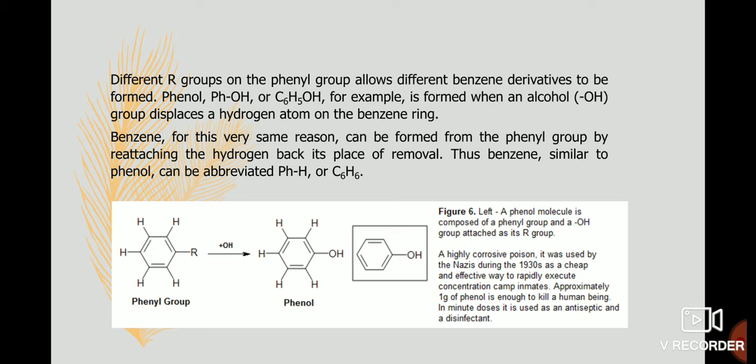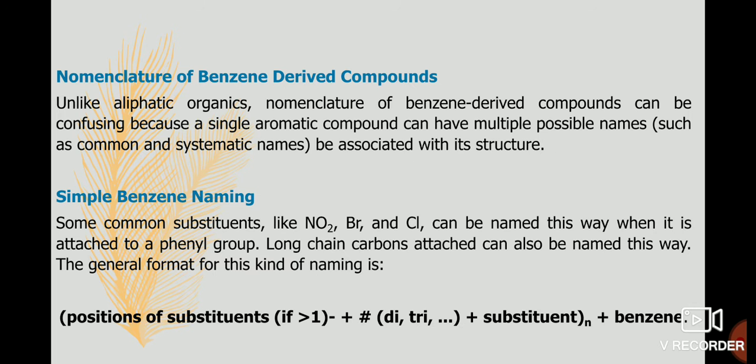Benzene, for this same reason, can be formed from the phenyl group by reattaching the hydrogen back to its place of removal. Thus, benzene, similar to phenol, can be abbreviated PhH or C6H6. So here we see the structure of the phenyl group and the phenol molecule.